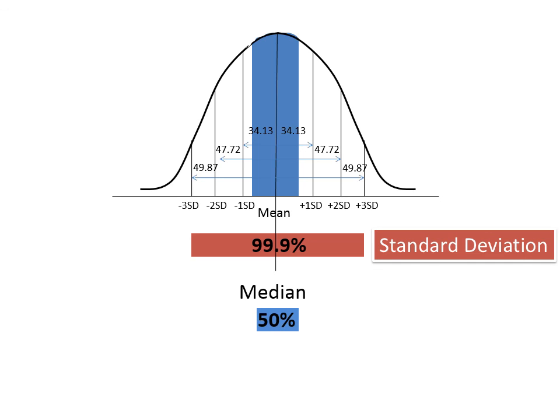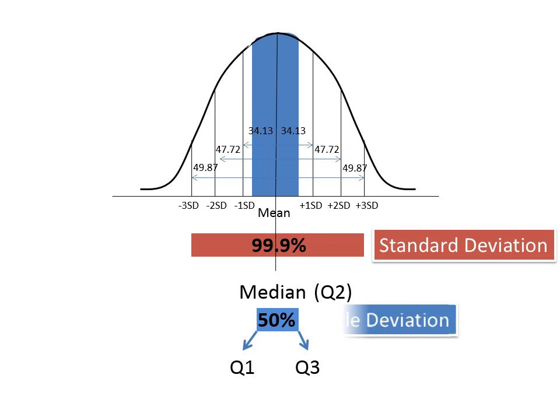So this middle 50% of the cases around the value of median, Q1 on one side and Q3 on the other side, this will give you an idea of the quartile deviation. So what you actually do is you take an average, a mean of the distribution below the median and above the median. So that gives you an idea of the quartile deviation around the median.